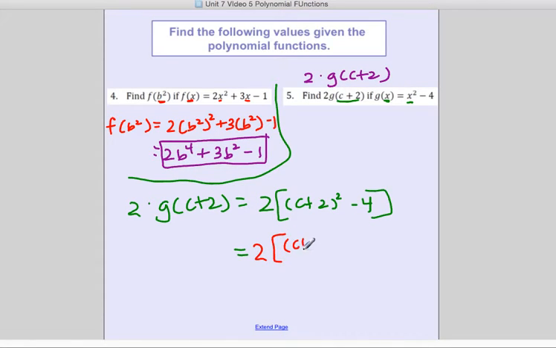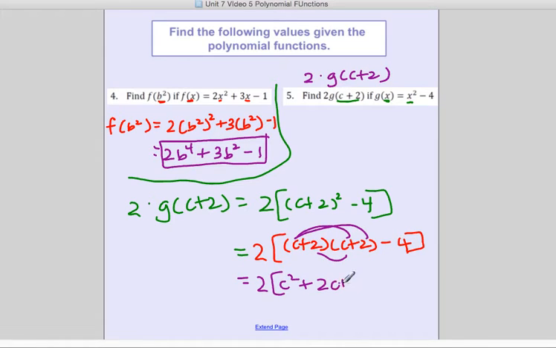So let's write it out. We would really have c plus 2 times c plus 2 minus 4. This will equal 2 times, if I FOIL this, c times c is c squared plus 2c plus 2c plus 4. Then don't forget to write the minus 4. Combining my like terms, I can add those.